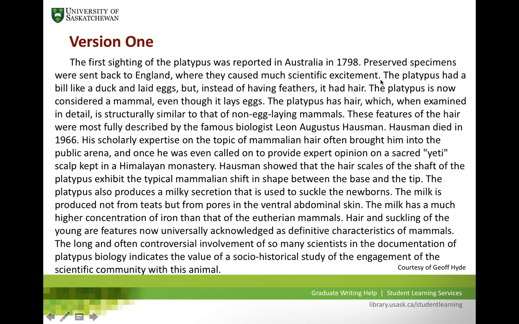And then the next sentence about specimens doesn't really seem to be the topic sentence. Then there's the description of the platypus, that it had hair, not feathers. And then, if indeed the purpose of the paragraph is to claim that the platypus is considered a mammal, then that is a very late introduction of the topic sentence. So possibly if that had been earlier, the purpose might have been clearer.